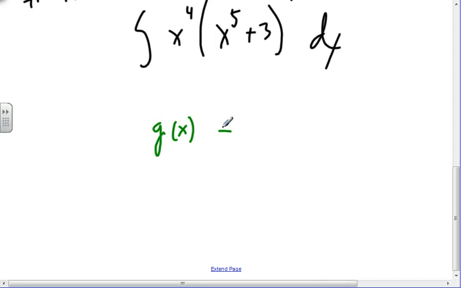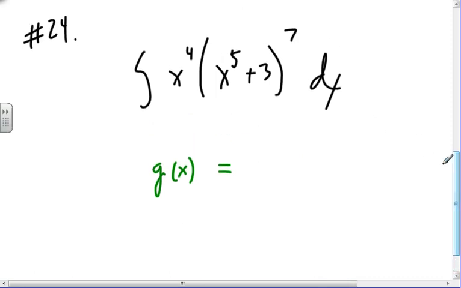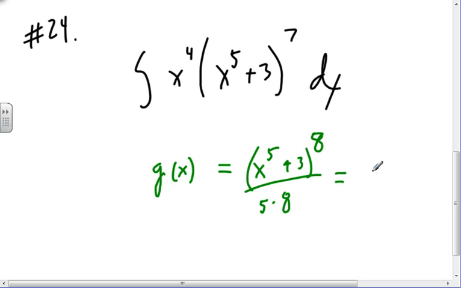I'm guessing that the answer is going to be x to the 5th plus 3, raised to the 7th, raised to the 8th. When I take the derivative, I'm going to have to divide by 8. When I take the derivative of the inside, I'm going to have a 5x to the 4th, so I'm going to have to divide by a 5. So my guess is x to the 5th plus 3 raised to the 8th, divided by 40.